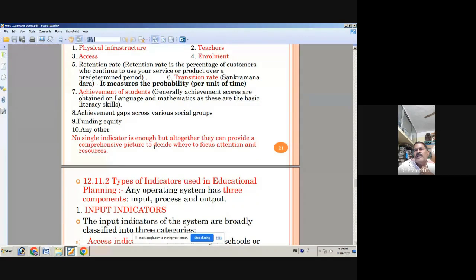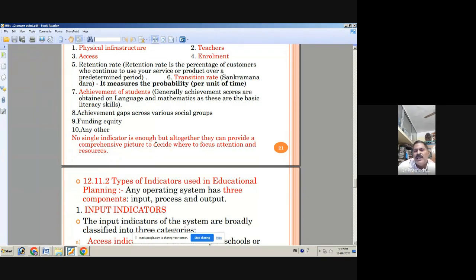So definitely there are so many indicators which are very essential for the improvement of educational management, but no single indicator is enough. All the indicators are working together. They can provide a comprehensive idea or picture to decide how we can focus the attention, keeping in mind the resources of the school.